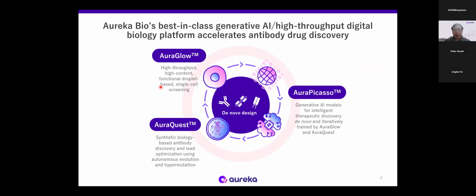We have this proprietary high throughput, high content functional droplet-based single cell screening that is not only able to test the functionality of your candidates on a cellular level, but is also able to isolate and enrich those good candidates, so that they can either progress into additional testing, or be further screened out, or be fed back to the AI model for more refined studies. So let me get into some details of the modalities that we're talking about here.